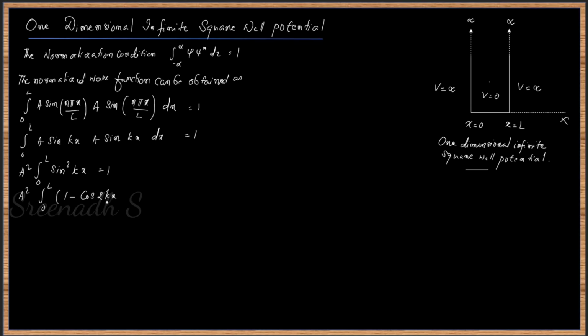So sin square kx is 1 minus cos 2kx by 2, and the 2 we can take outside. So the integral of 1 minus cos 2kx dx is equal to 1. Now we are going to integrate this equation. The integral from 0 to L of 1 dx is x. A square by 2 times the integral of 1 dx, that is x.